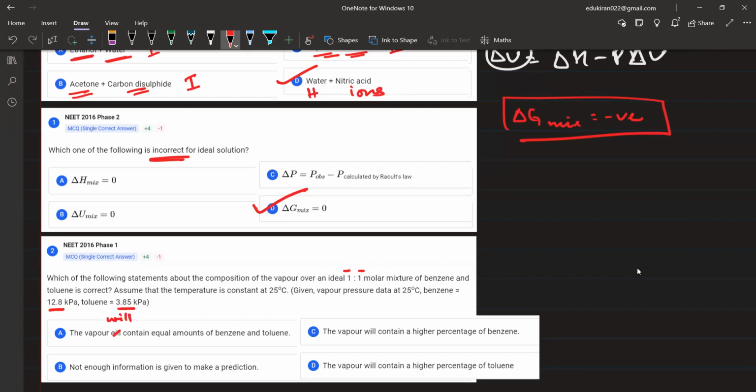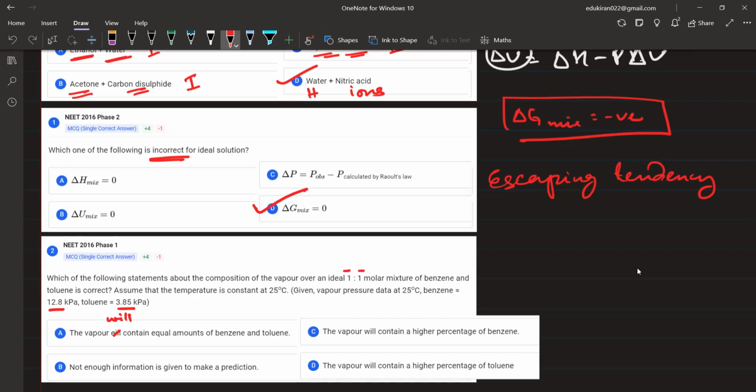Tell me which has more escaping tendency, benzene or toluene? How will we find out? Vapor pressure. If the vapor pressure of pure benzene is higher, that means it has higher escaping tendency. That is why it is converting into vapor and increasing the vapor pressure.